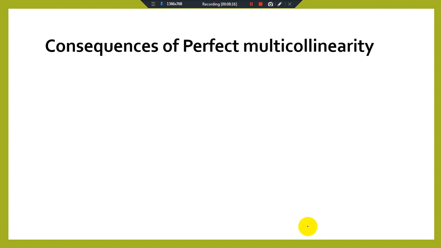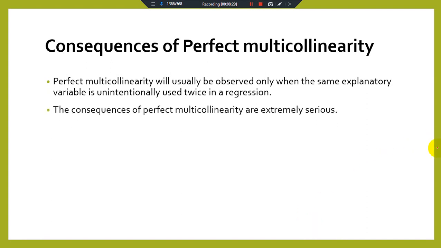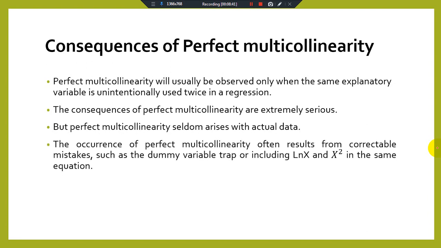Consequences of perfect multicollinearity. Perfect multicollinearity will usually be observed only when the same explanatory variable is unintentionally used twice in a regression. The consequences are extremely serious, but perfect multicollinearity seldom arises with actual data. It is normally a rare case.